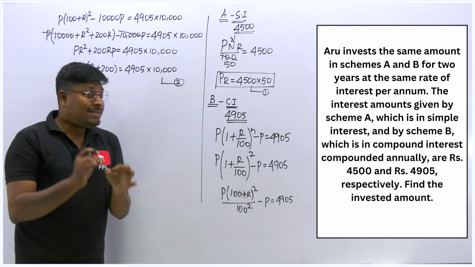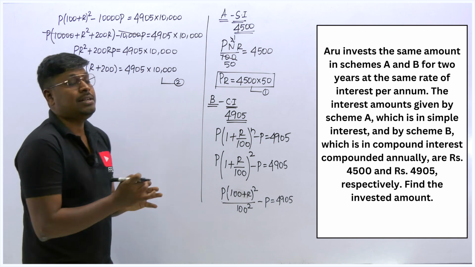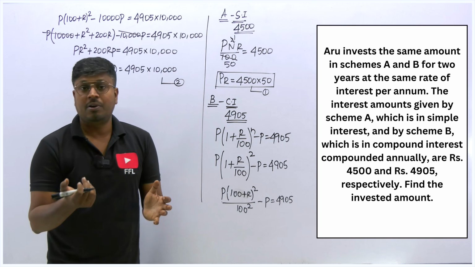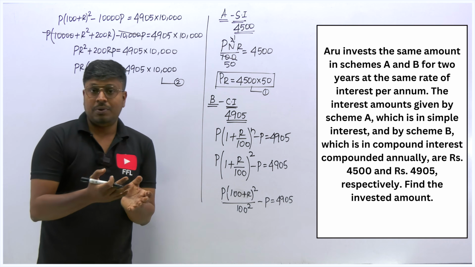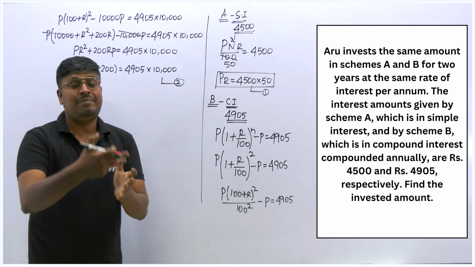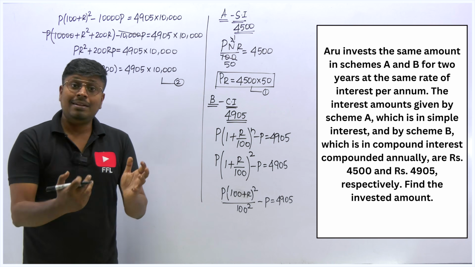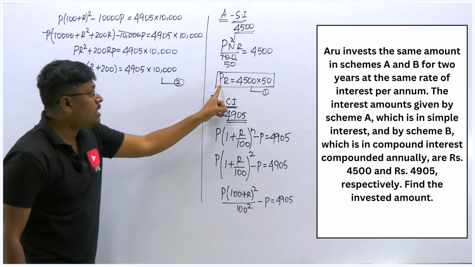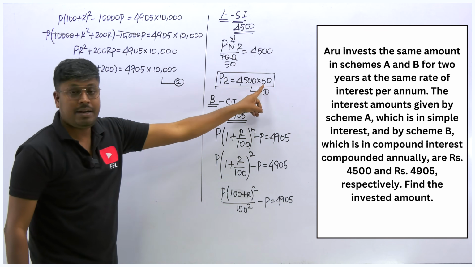So now this is the point where we have to think and solve the question. If it is based on one simple interest, another scheme on a compound interest, initially I have told you, right, you have to try to substitute the first equation value in the second equation, or else the second equation value in the first equation. So just see here, we got PR is equal to 4,500 into 50.